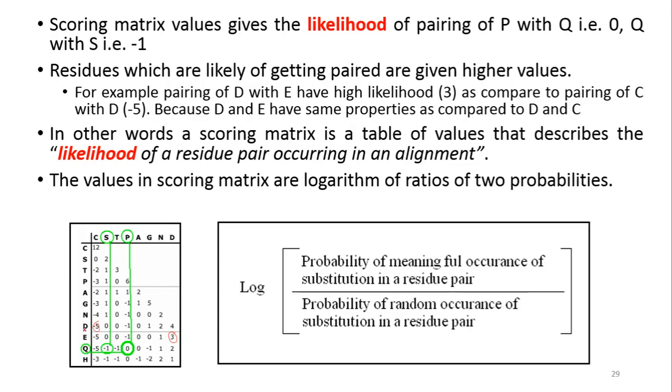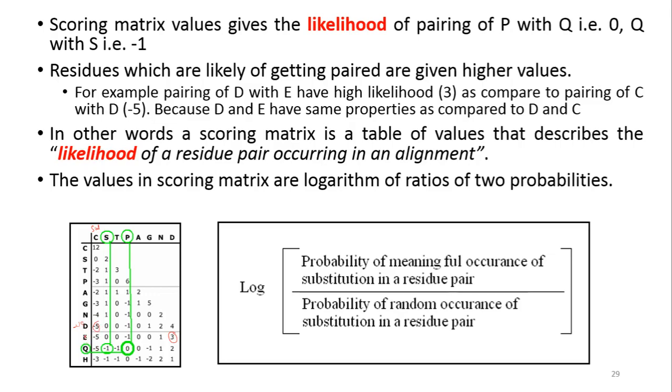D is a negatively charged amino acid, while C, that is cysteine, contains a sulfhydryl group. So physicochemically, these two amino acid residues are very different. Therefore, their likelihood of getting paired in an alignment is very low, and they are given lower likelihood values.